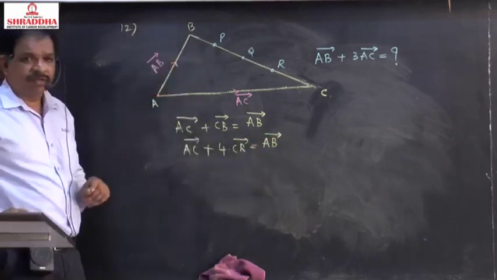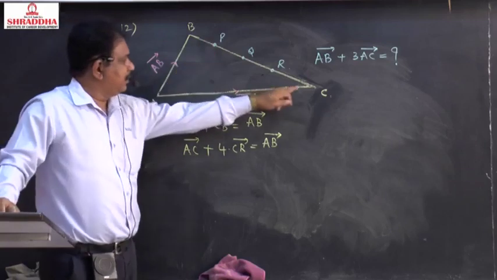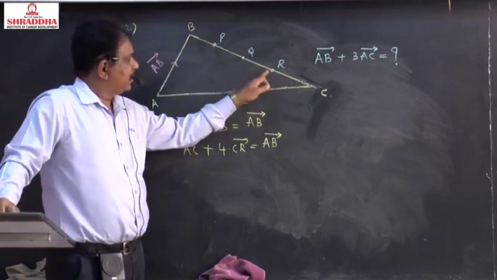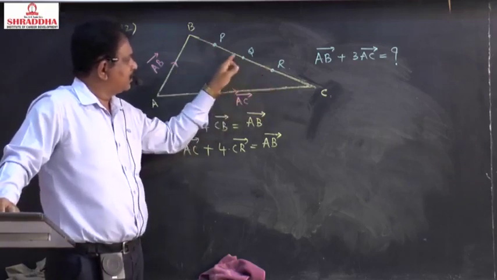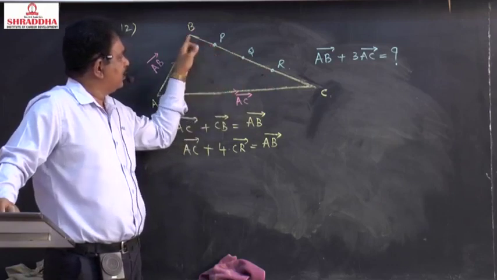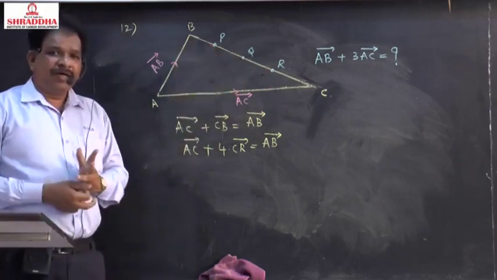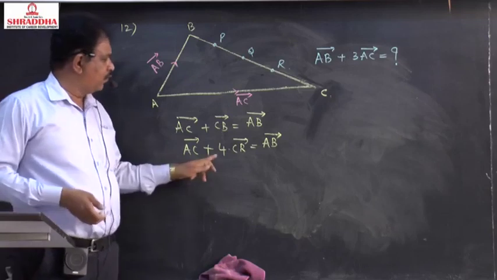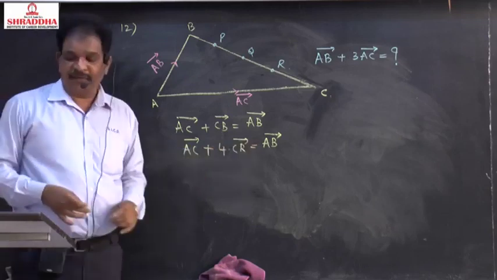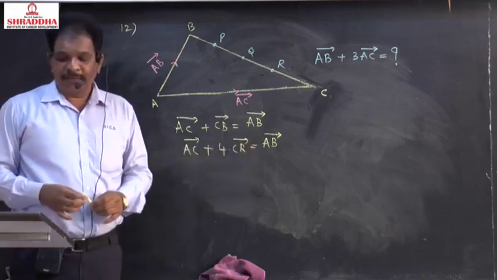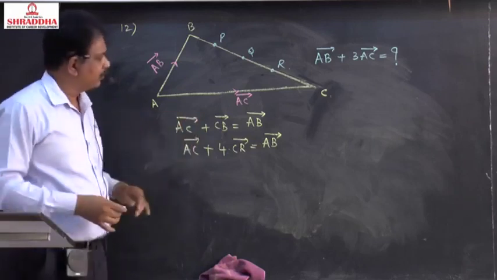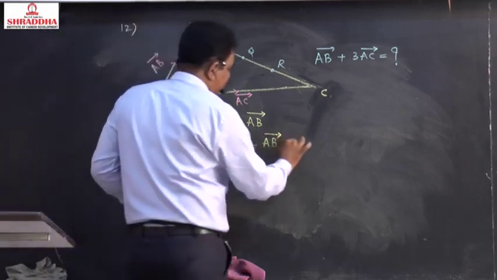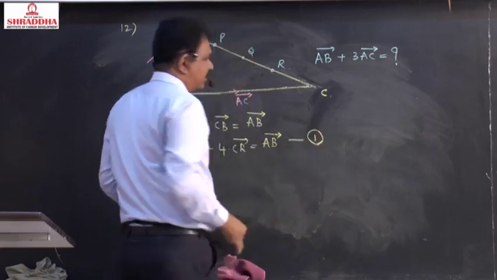Any doubt? This CB is CR plus RQ, all are the same, plus QP plus PB, all are the same. So 4 CR bar is equal to AB bar. Is it clear? I am assuming it is equation 1.